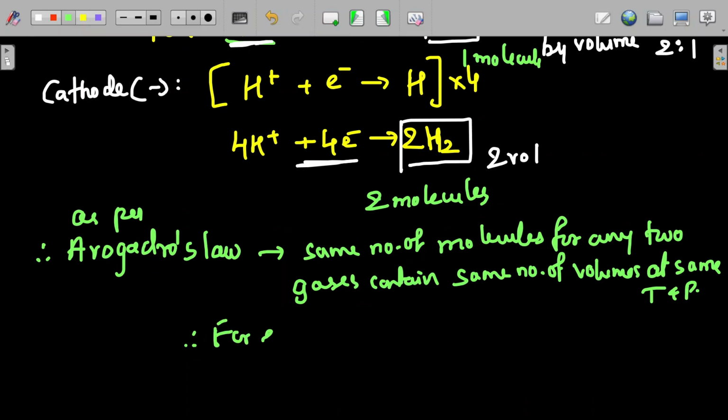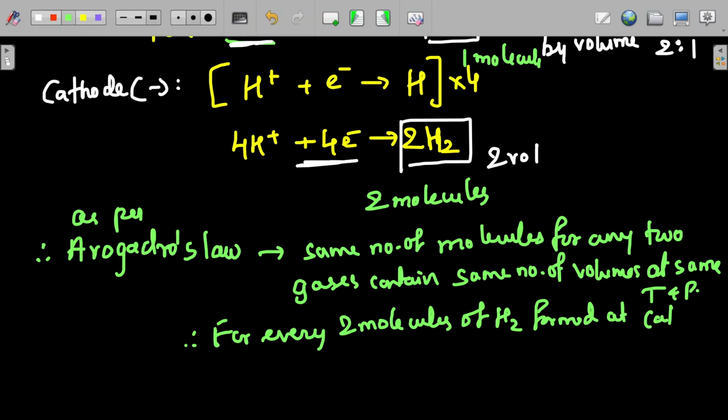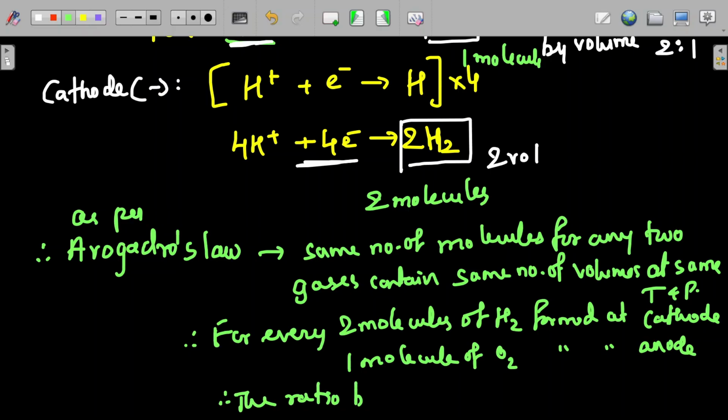Therefore, for every two molecules of hydrogen formed at the cathode, one molecule of oxygen is formed at the anode. Therefore, the ratio between volumes is 2 is to 1 for hydrogen is to oxygen. Okay, so this is how we have to explain if they ask the reason for this.